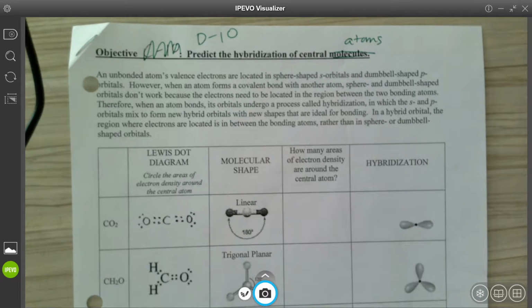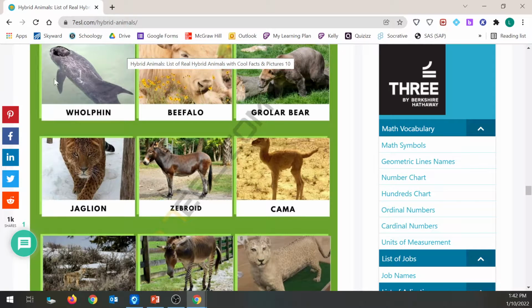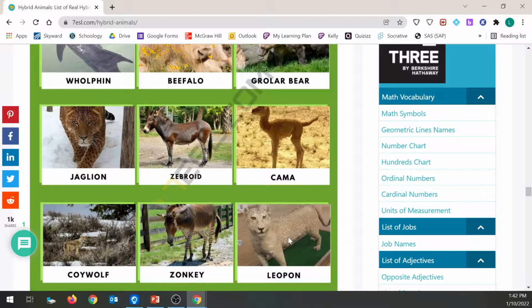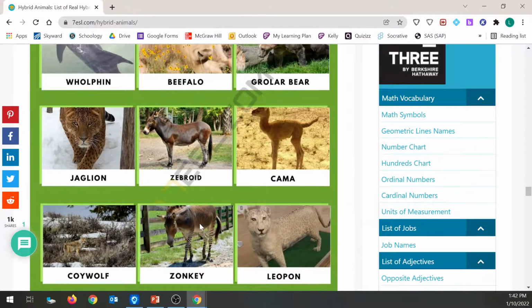A zebroid, that's what I think of. A zebroid is the real name. It shouldn't be called a zorse, but for some reason it's called a zebroid. A donkey. What's a camel?